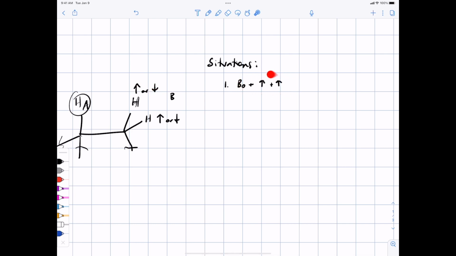So it's going to feel something that's a little bit stronger than the external magnetic field. On the other hand, it could experience one aligned with or one aligned against. And then finally, it could experience both aligned against.